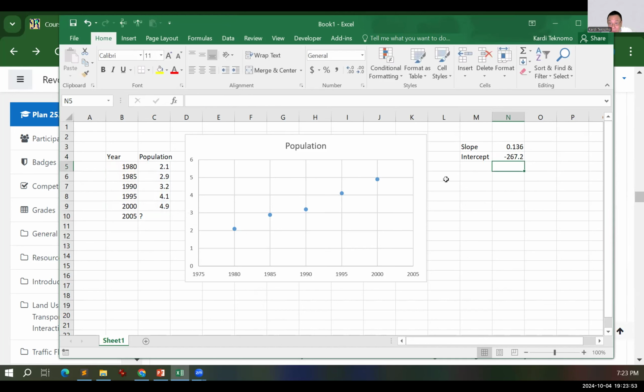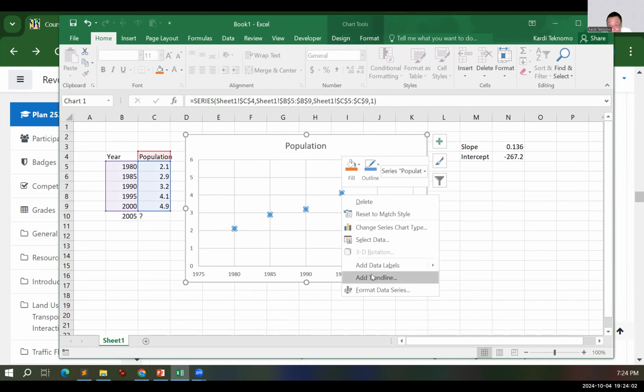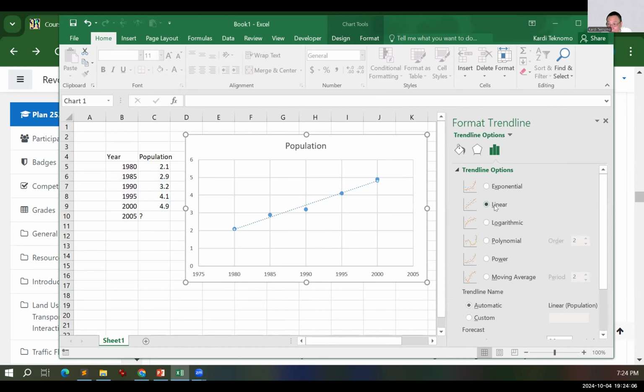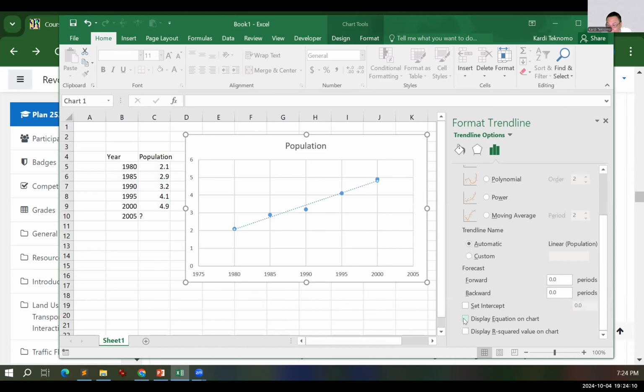Another technique is to use this. Right click and you will see the trend line. Say linear here, and you can display the equation and put the R square there.